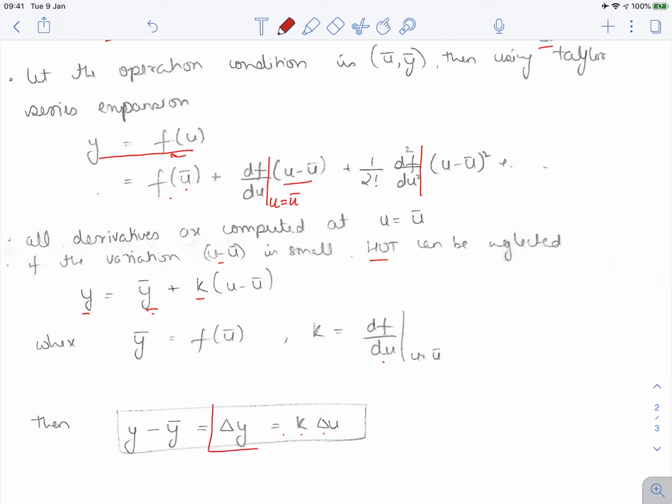So if you see, this relationship is nothing but a linear relationship between the input and output, which are now labeled as delta y and delta u, and delta y and delta u are nothing but y minus y bar and u minus u bar, around the operating point.